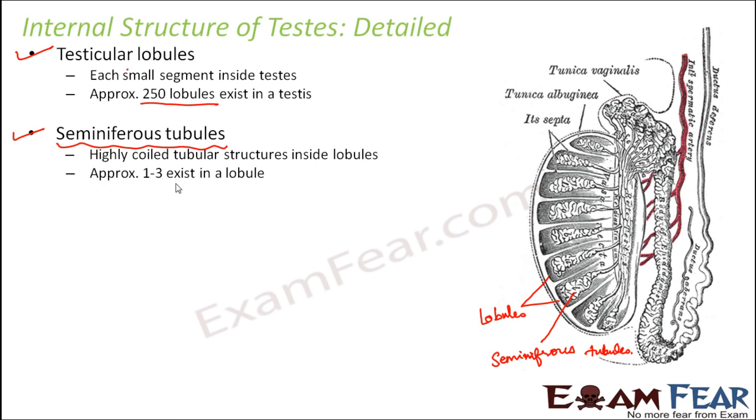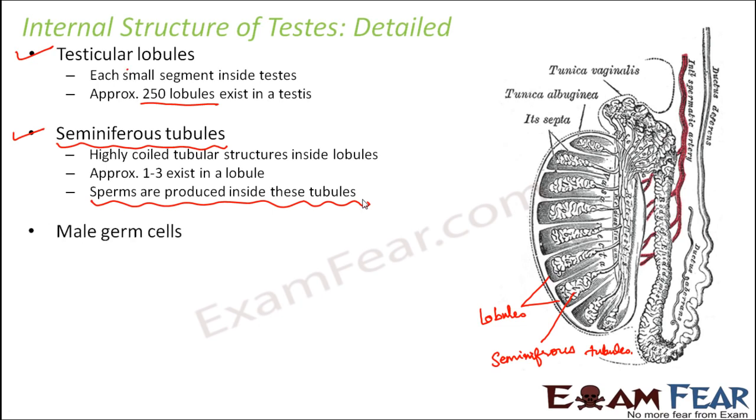Approximately 1 to 3 exist in a lobule. So inside one lobule you have around 1, 2 or 3 seminiferous tubules. One tubule is a very highly coiled tubular structure. Sperms are produced inside these tubules. So seminiferous tubules are the most important structures inside the testis because this is where the exact sperm production takes place.